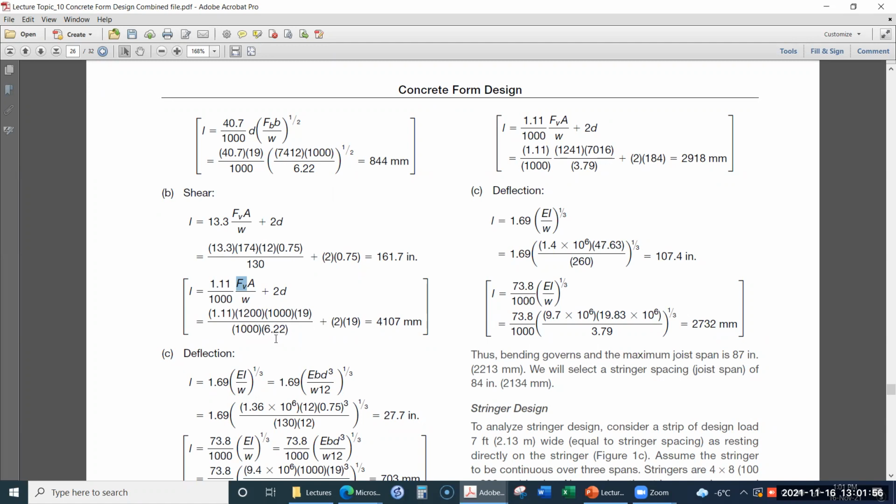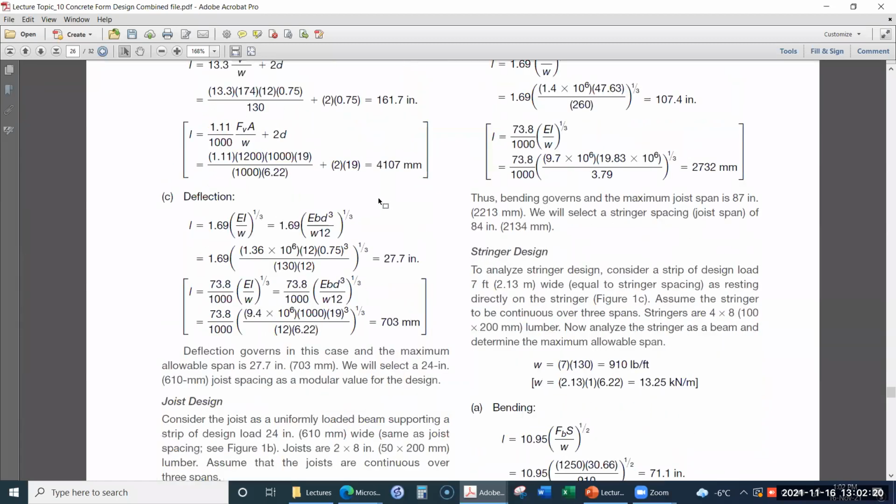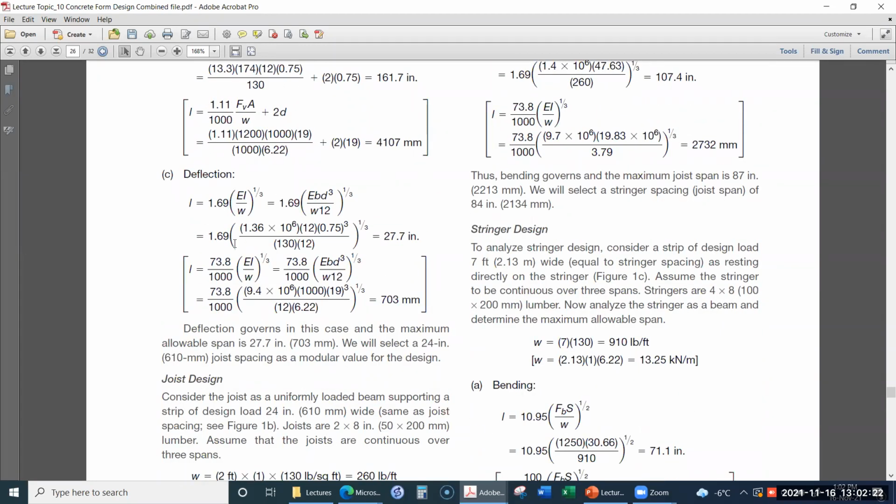And w is the 6.22, which was already calculated. 2 times d is 2 times 19. So it will be 4117 millimeter. If the shear requirement is to be met, this span can be 4117 millimeter, but if the bending requirement is to be met, this span should be 844 millimeter. And the third condition is the deflection.